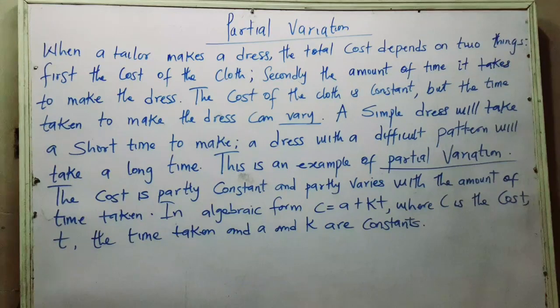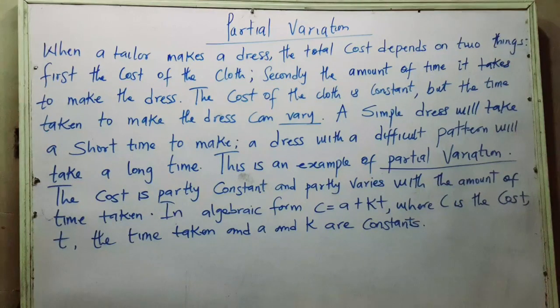No, surely you personally know that you must pay the tailor a higher price because he's taking much of your time to sew a difficult pattern. So all these are examples of partial variation.